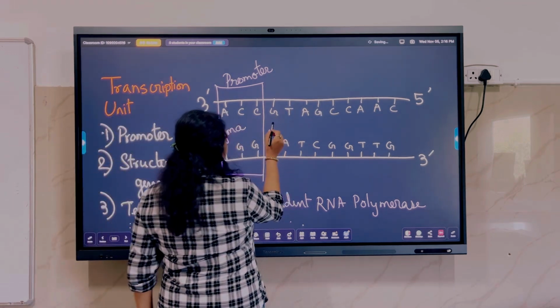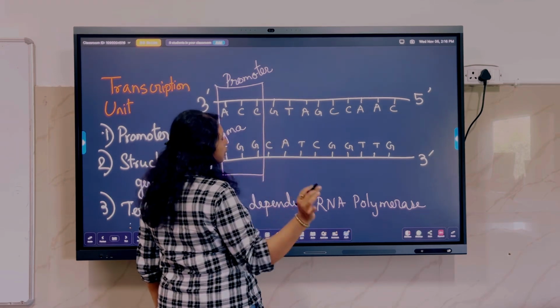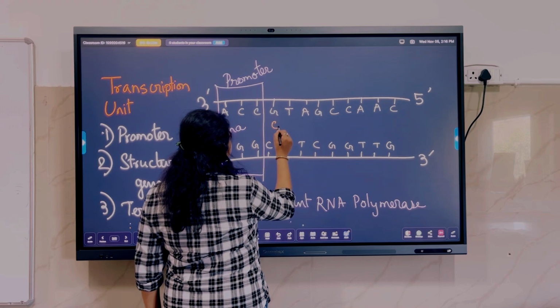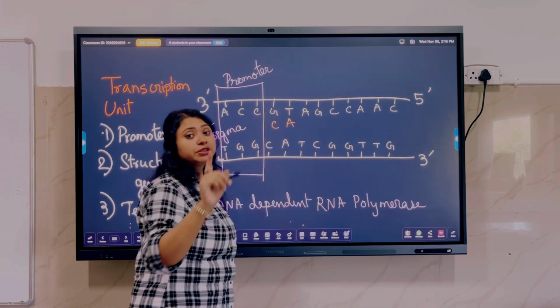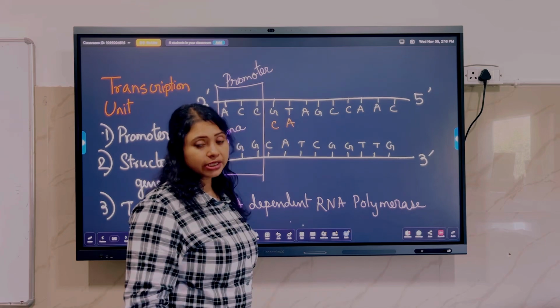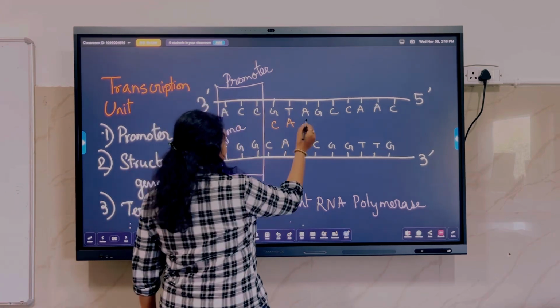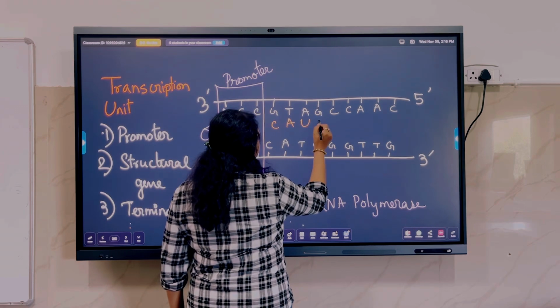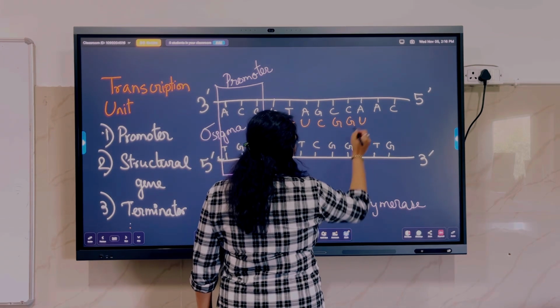The RNA molecule I am going to prepare will be C, A. For A, it cannot be thymine. It should always be uracil because I am making the RNA molecule. So it will be U, then C, then G, G, again U.